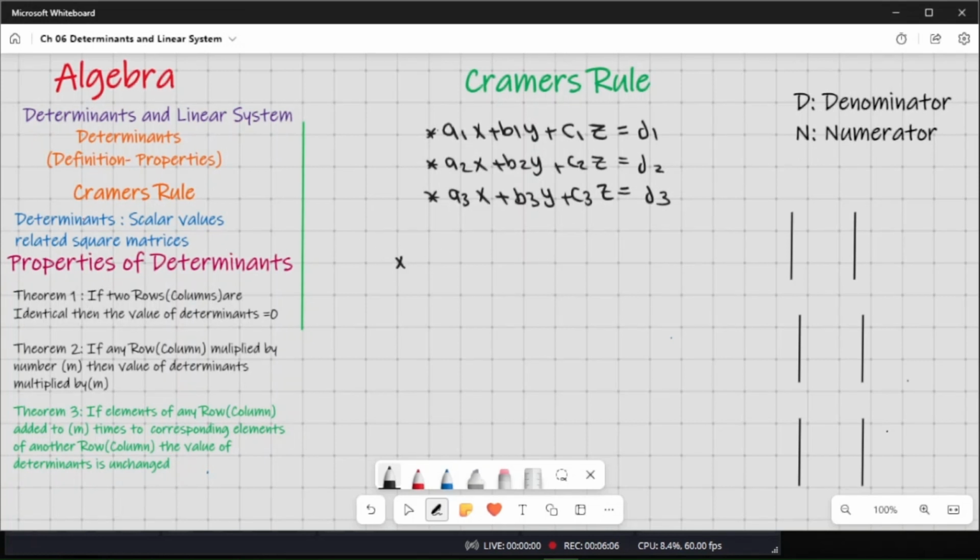So from here again x will be equal to nx by d, y equal to ny by d, z will be equal to nz by d, and nx, ny, nz and d will be determinants of order 3.